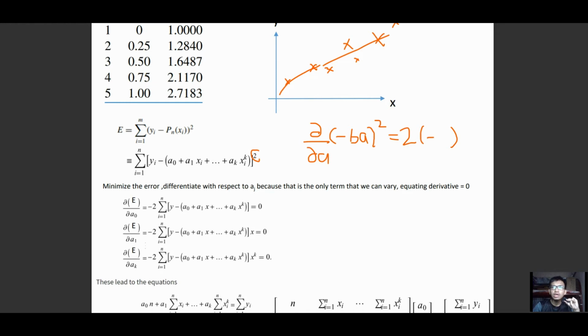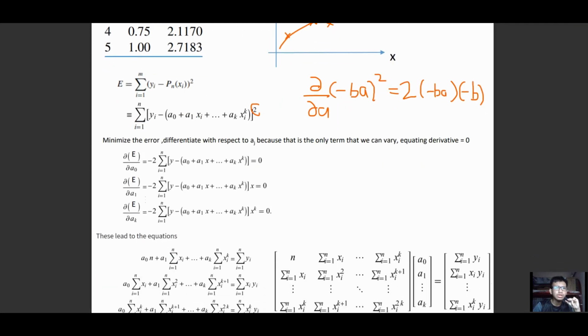Of course this one is still the same, and we differentiate the value inside with respect to a. We just simply take the coefficient, and that's why we got the negative 1 over here. Actually we need to put negative 1 like this, but it is easier if we put it in front. So that is why there is negative 2 here.